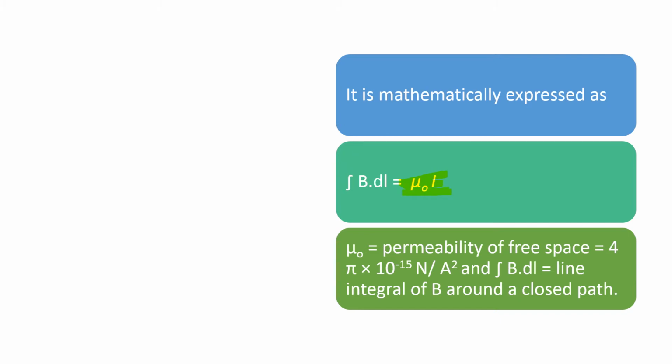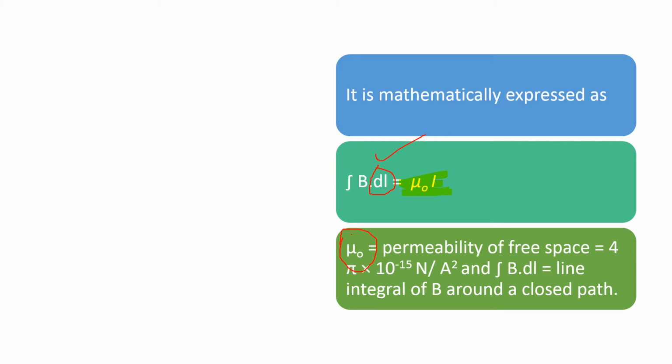On the left hand side, dl represents that line integral we had discussed, and this is equal to mu 0 I. Here mu 0 is the permeability.